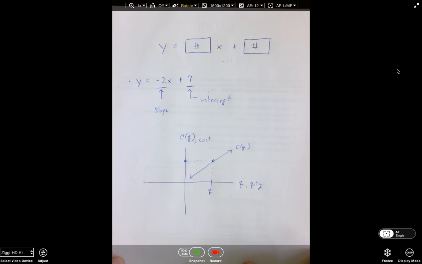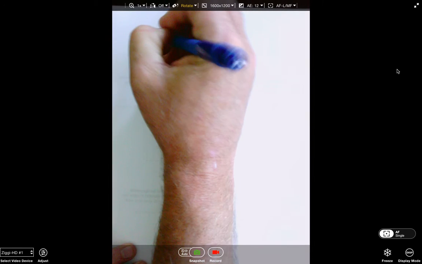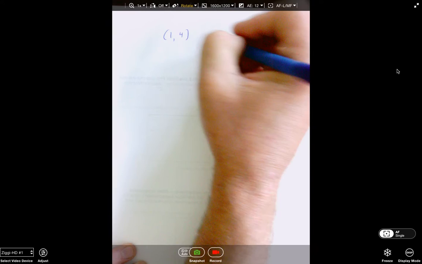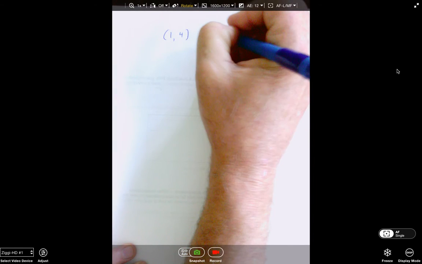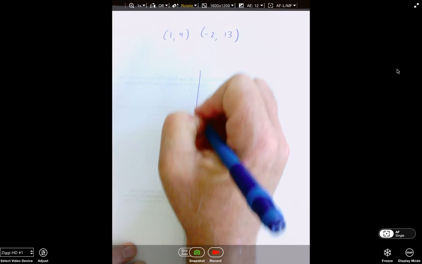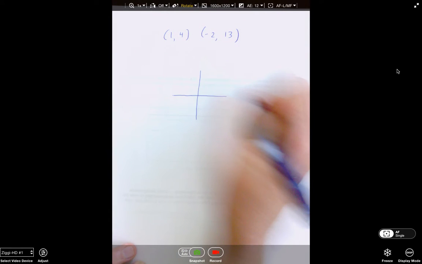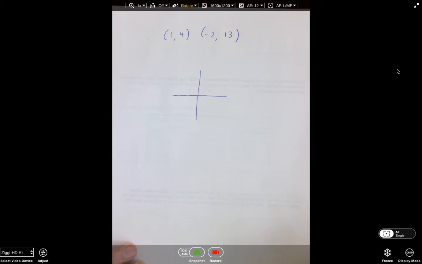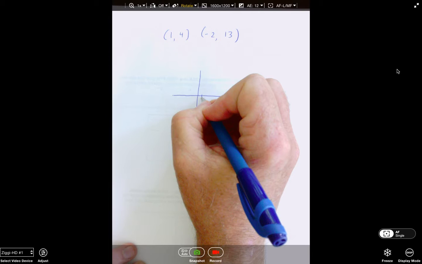Now, one of the first things that we do in a course of this nature to try to get where we want to be is create the equation of a line given 2 points. All right? So I can just very quickly, I don't want to be too formal here, I can see that 1, 4 would be maybe something like this.